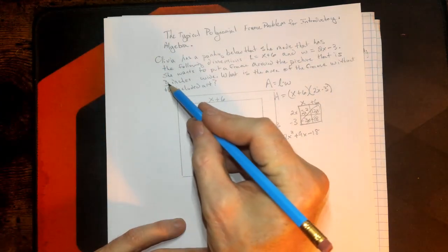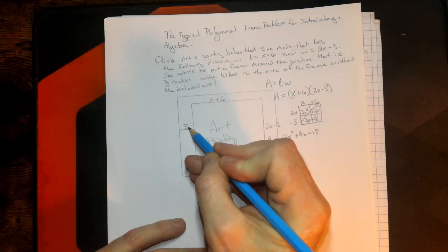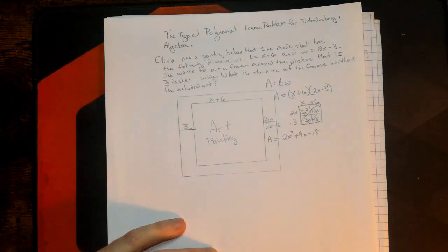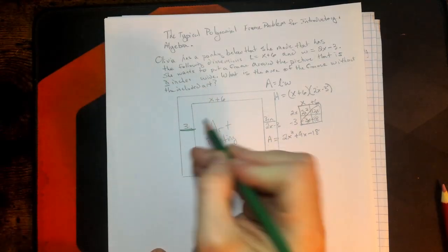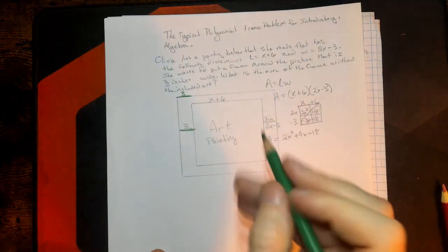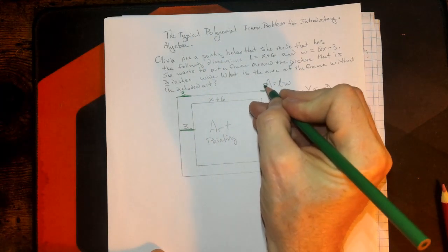So it's okay if these things aren't correct, because it's a sketch. We have 3 inches wide, so that means that from this distance right here, that is 3 inches, and on this side, that is 3 inches. So what we can now do is get a couple of different colors. If I think of this distance here, that is 3. Well, over here, this is 3, so this distance here is also 3.